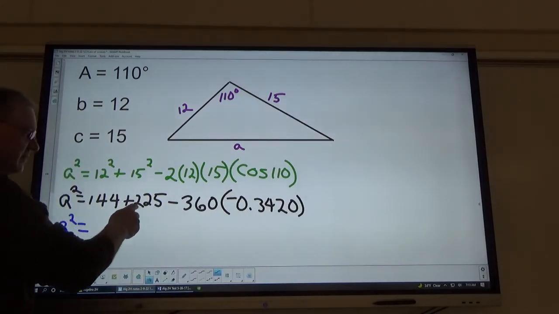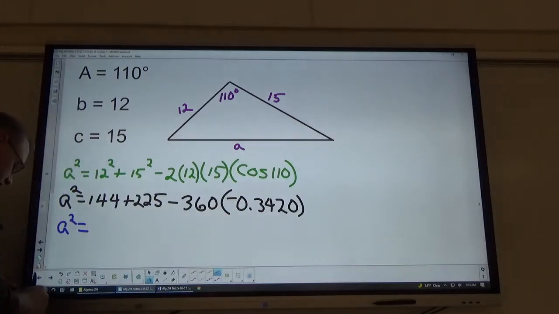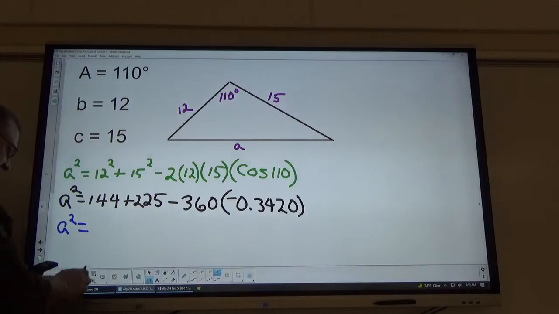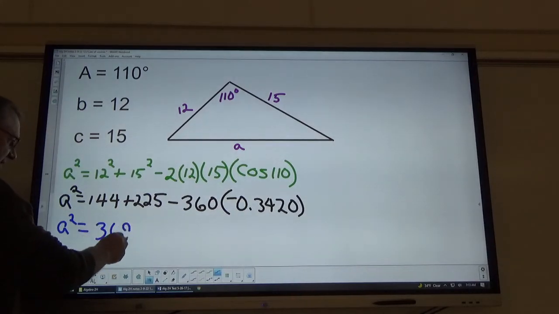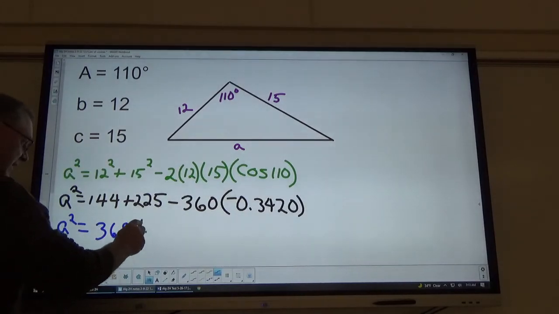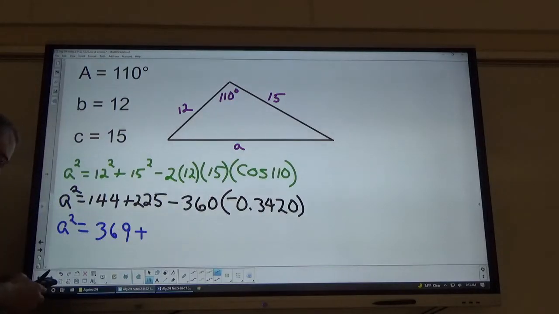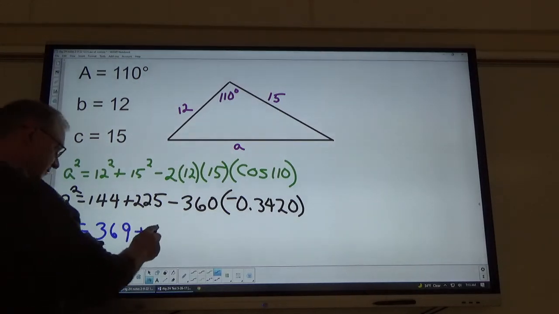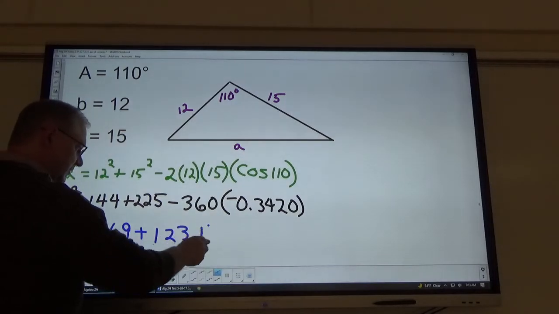I'm going to do this addition and this multiplication. 144 plus 225 is 369, plus, because negative times negative is positive, 360 times 0.3420 gives me 123.12.